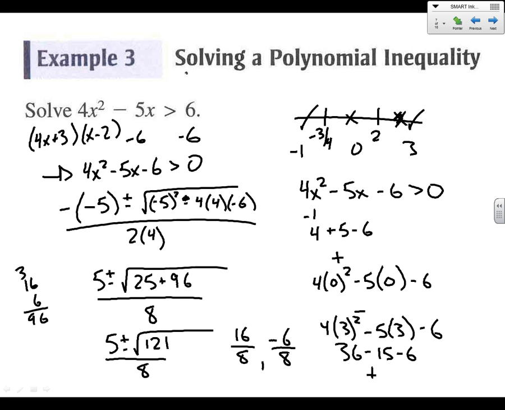Sorry about that. And so we can conclude that we have 2 regions for our answer. Negative infinity to -3/4, as well as 2 to infinity would be our solution set for this inequality.